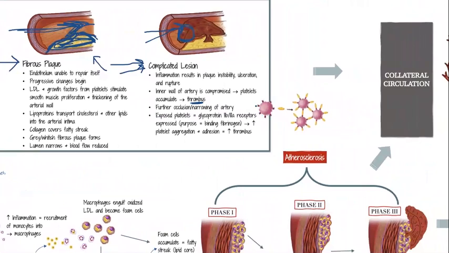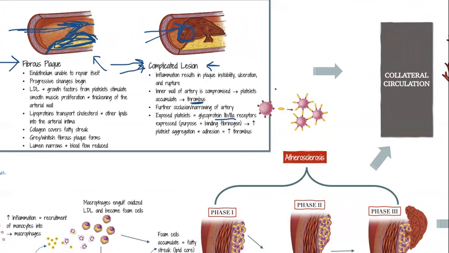I know the clotting cascade can be a difficult concept, and you just have to take your time, break it down, and know it. We're going to go through that later, but I just wanted to go over what these glycoprotein IIb/IIIa receptors are, because at this complicated lesion is where these platelets come in.